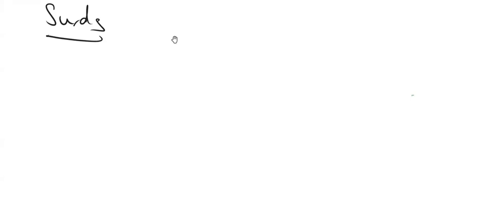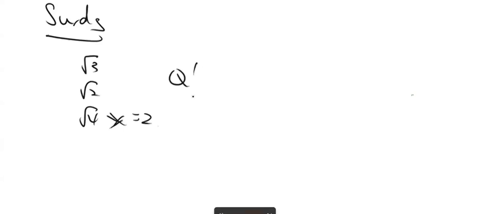Okay, good. So as we said, we talked about some examples of surds. Let me give you a couple of examples. Root 3, root 2, I mentioned. Root 4, you wouldn't call it a surd, because that's a nice round number, 2. But a surd basically falls into the category of irrational numbers, because they can't be written as an exact fraction where the numerator and denominator are integers.